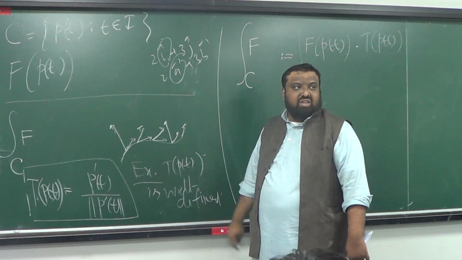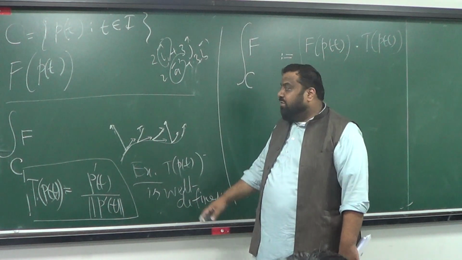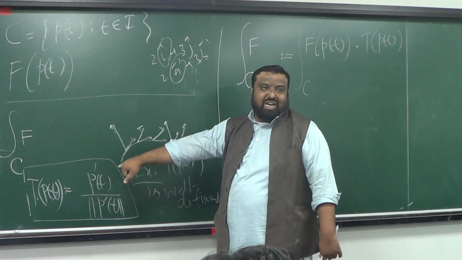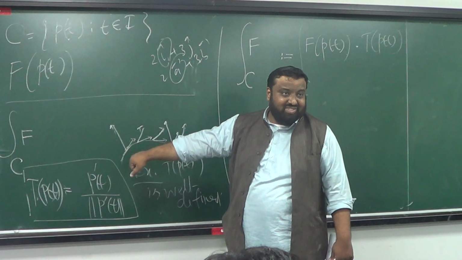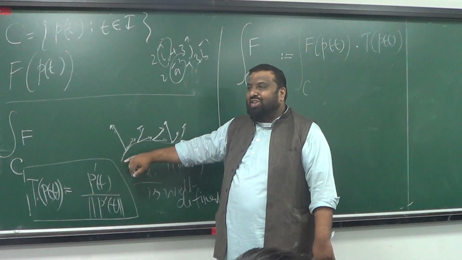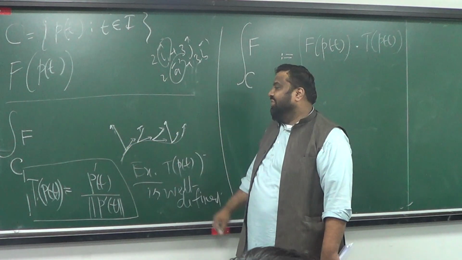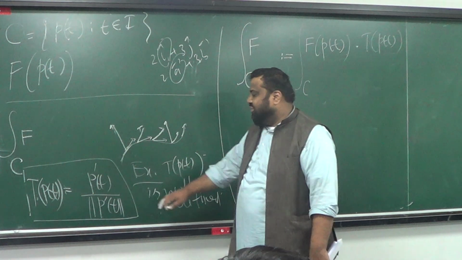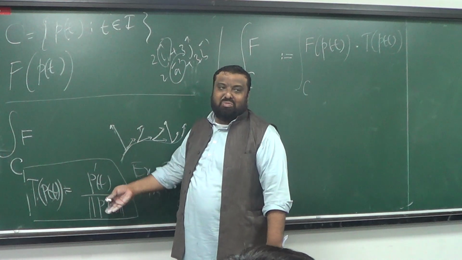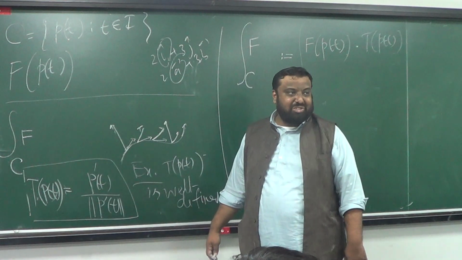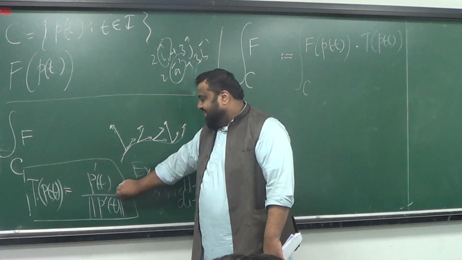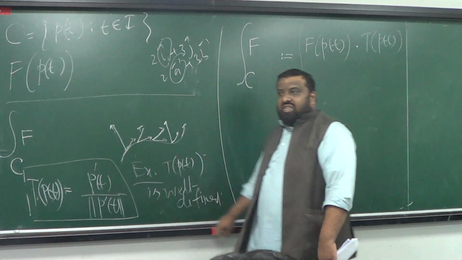So even if you choose this tangent vector not to be a unit vector, you're still going to have the same kind of result, but the unit vector is going to make your calculation very simple. It's just convenience, it's nothing else. Is it making sense?